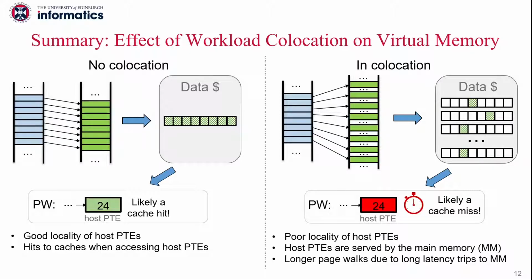In contrast, in collocation, fragmentation in physical memory of the guest operating system leads to fragmentation in host virtual memory. This results in fragmentation in the host page table and destroys cache locality of host PTEs. As a result, page walks become longer.